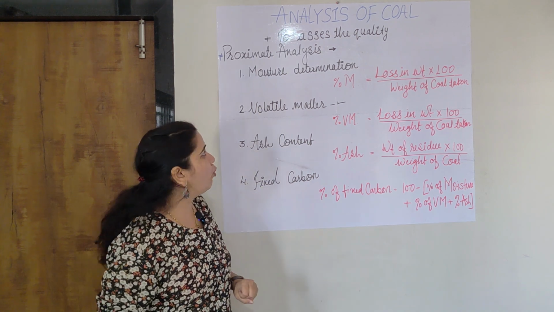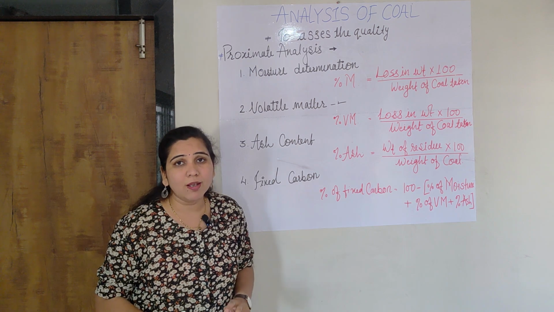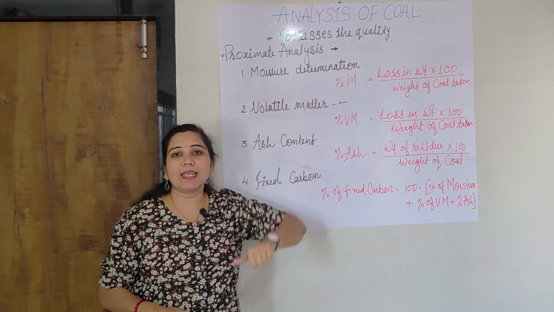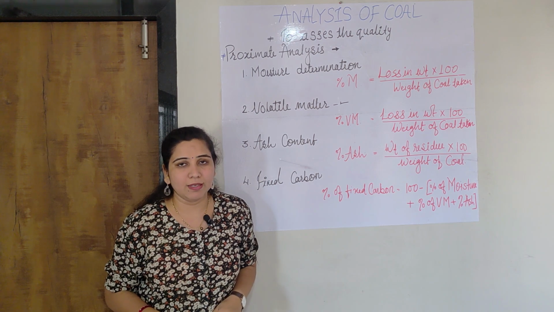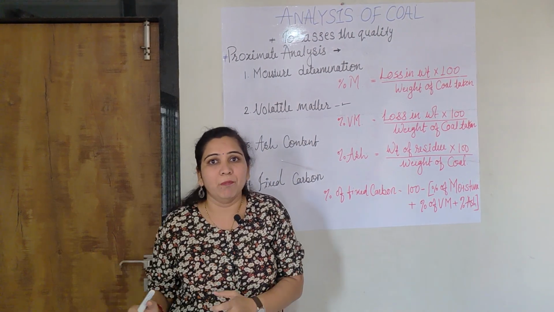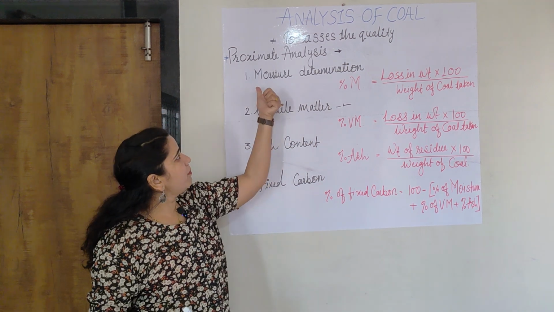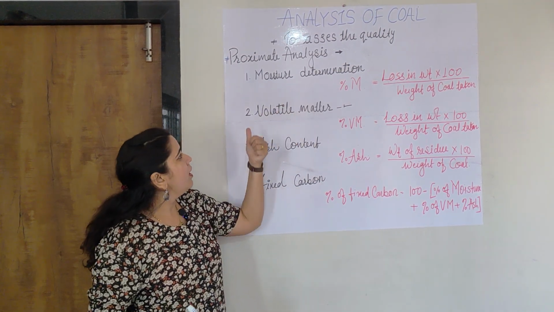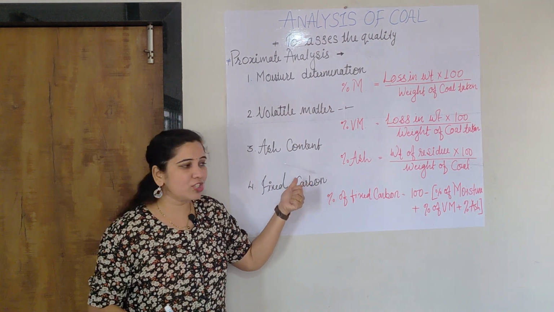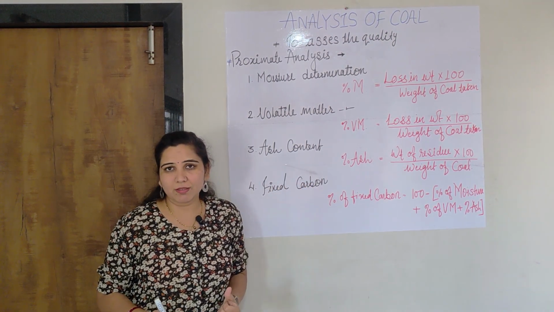So analysis of coal is done in two different ways: by proximate analysis, and second by ultimate analysis. In proximate analysis, the contents are determined in groups: moisture determination, volatile matter determination, ash content determination, and fixed carbon determination.